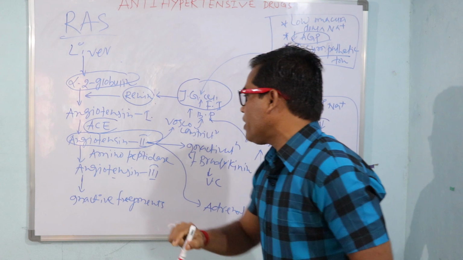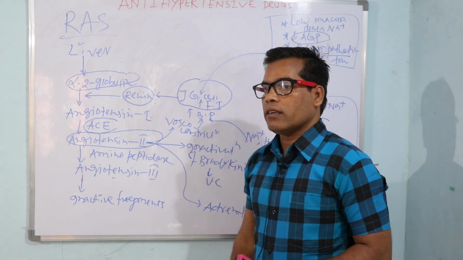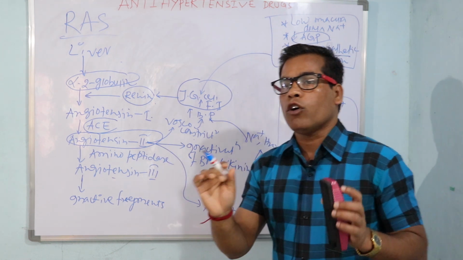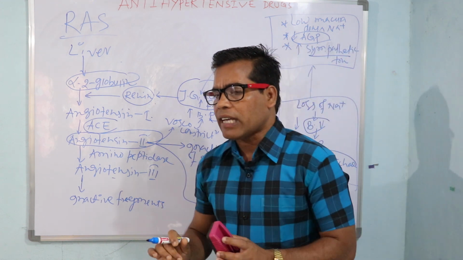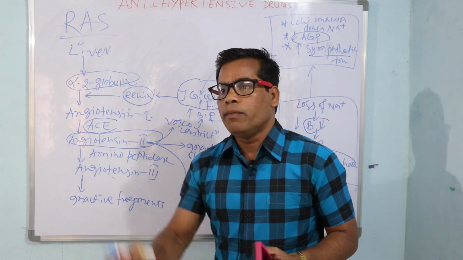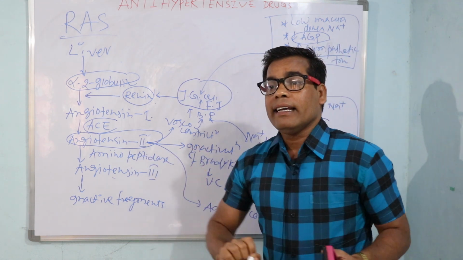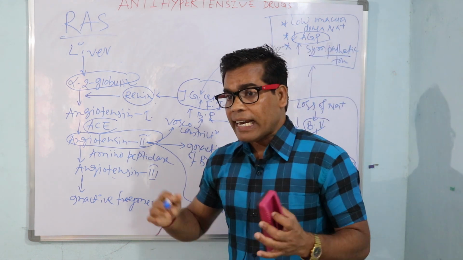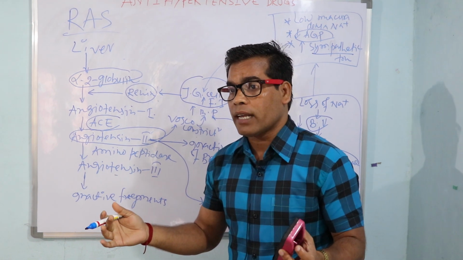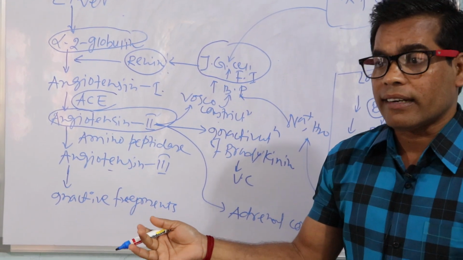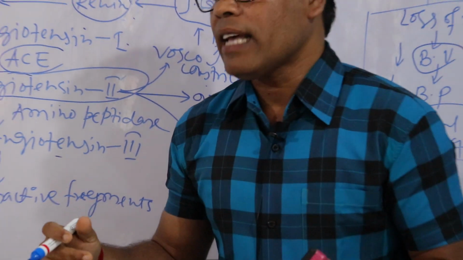First, angiotensin causes vasoconstriction, that is, it constricts the vascular smooth muscle. If the vascular smooth muscle is constricted, what will happen? BP will rise. Next, bradykinin is a vasodepressor, meaning it will dilate the arteries. If the arteries dilate, what will happen?